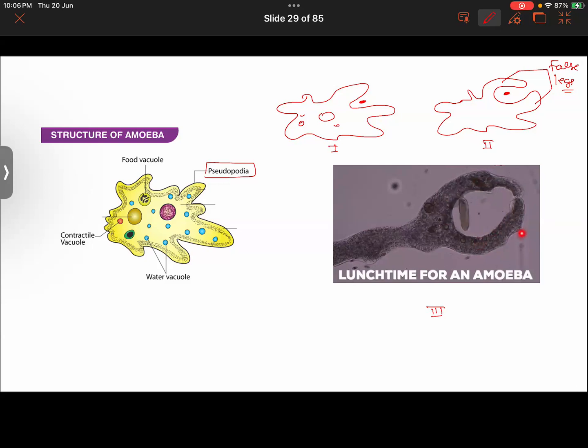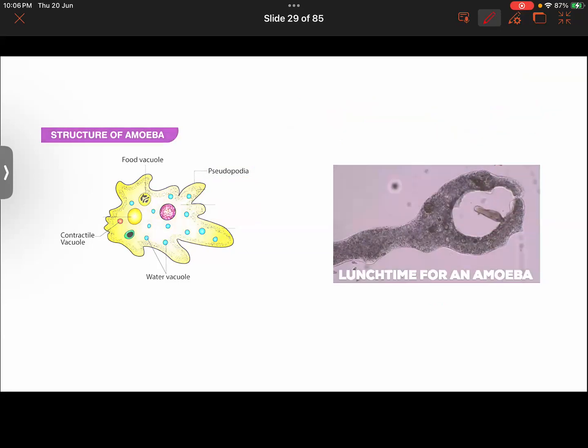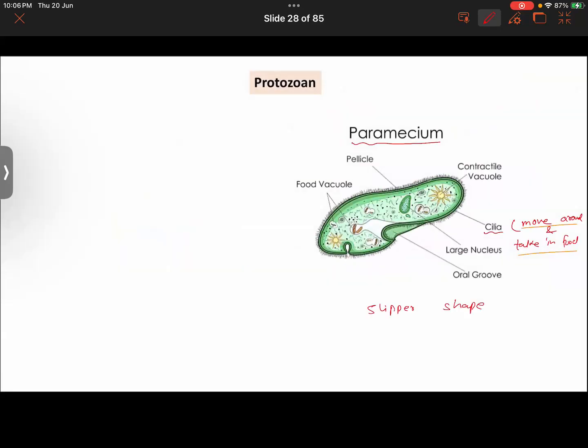So amoeba is also known to form leg-like structures, false leg-like structures, and move from one place to another like this. All these are features of an animal now. Animals are usually known to move from one place to another, to show some movement.